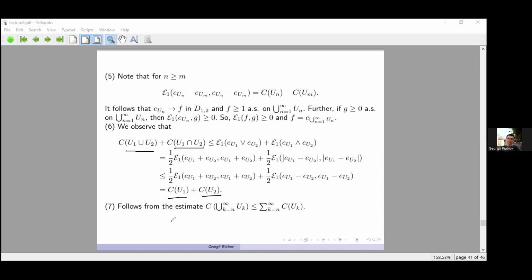In particular, the capacity of the union of two sets is less than or equal to the sum of capacities. This can also be extended to any finite number of sets.